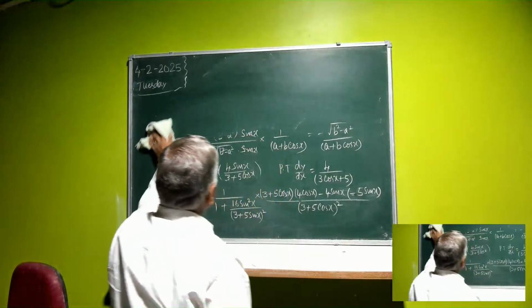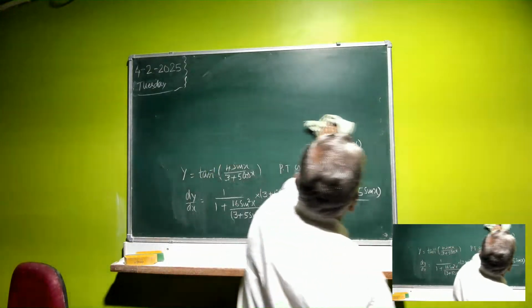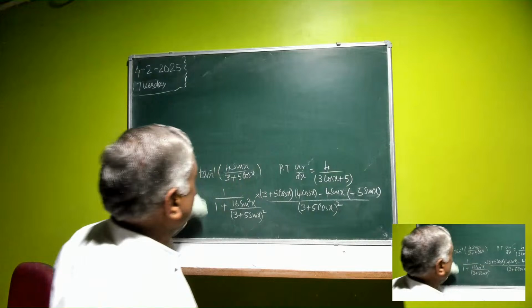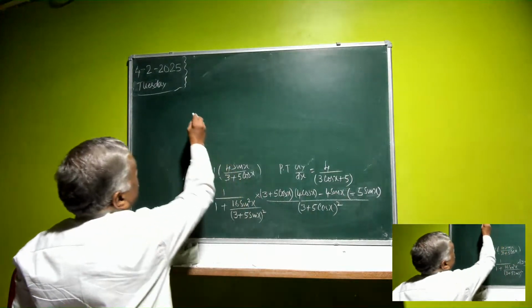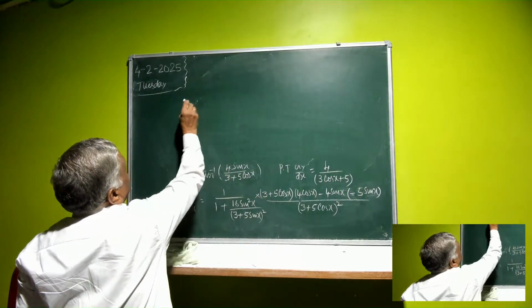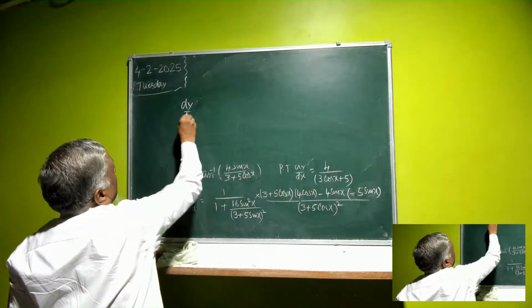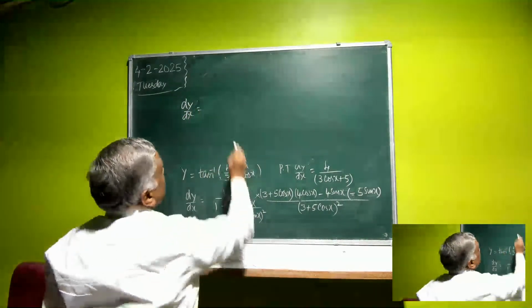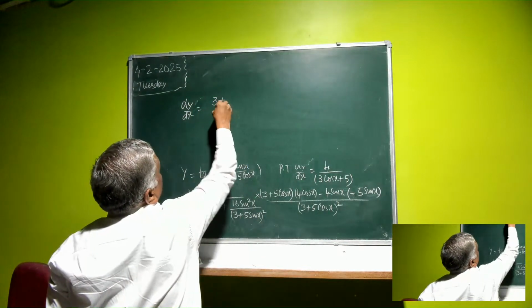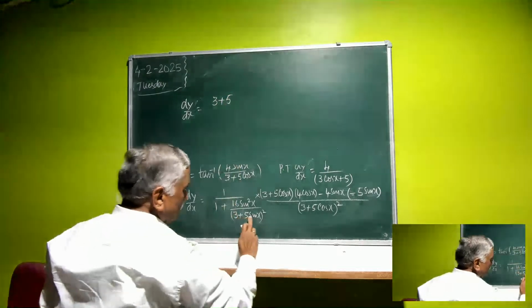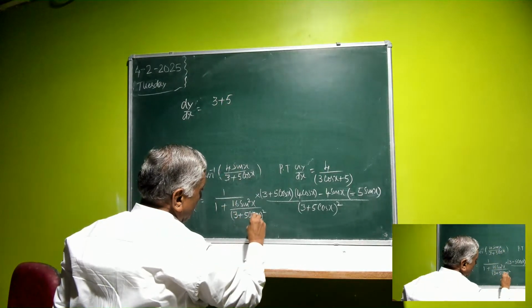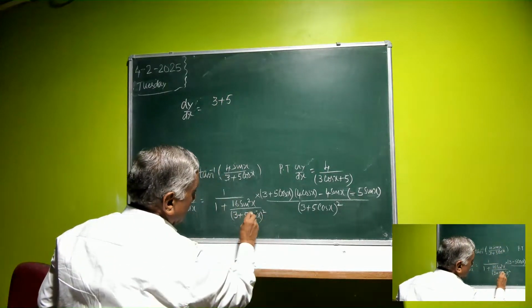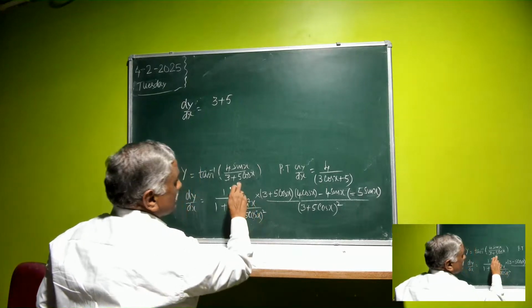That completes differentiation. Now you have to show your ability in simplification. Take the LCM. dy by dx is equal to, when you take the LCM, this will go up. This has to be corrected. This is cos x.